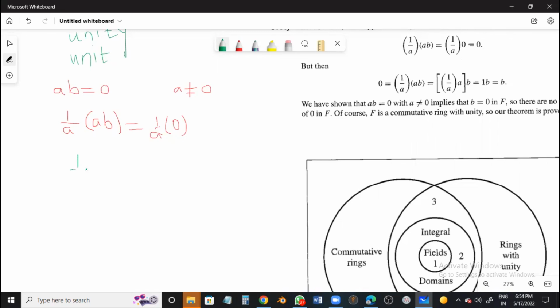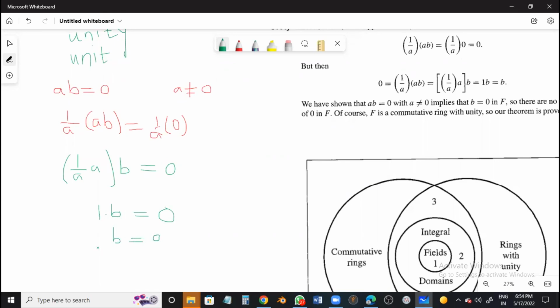So by associativity, this will be 1 by A into A and multiplied by B here. To this side, any number that multiplies to 0, answer is a 0. Now what next we know? 1 by A into A is 1. So we got this to be 1 into B. And right side is 0. So directly we got that B is 0.